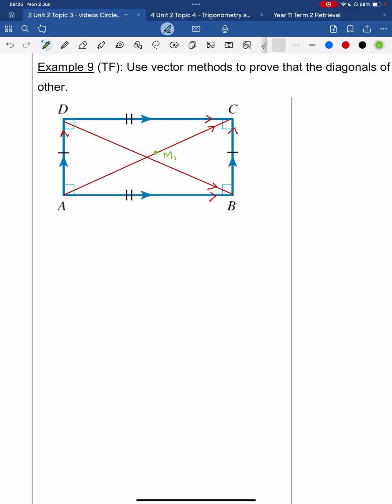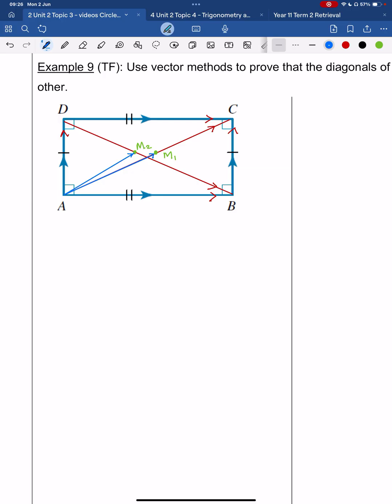Now I can see that these are not the midpoints, but my aim is to show that these 2 midpoints are in fact coincident, so they're the same point. And I'm going to have to add an extra vector in here for M2, and obviously for M1 it works onto the same vector as AC.